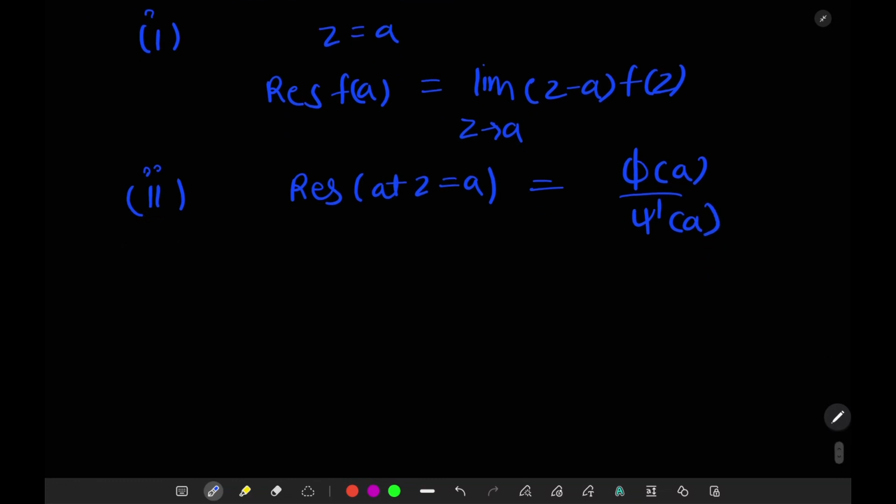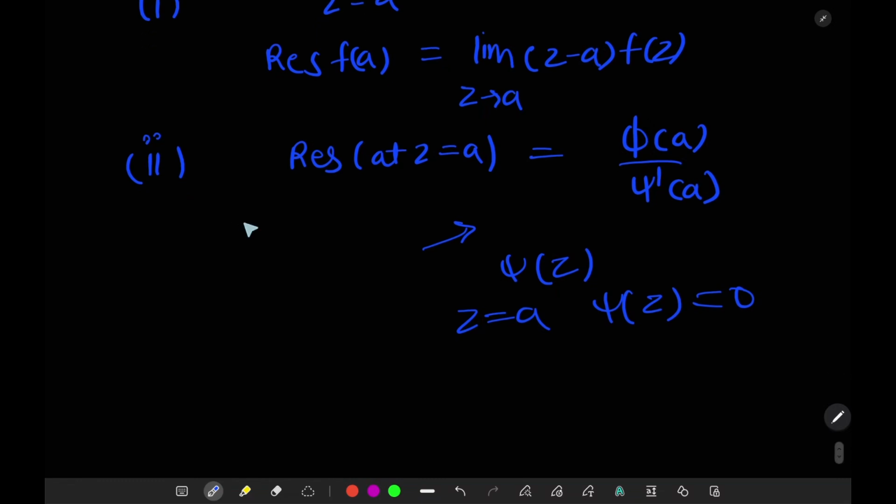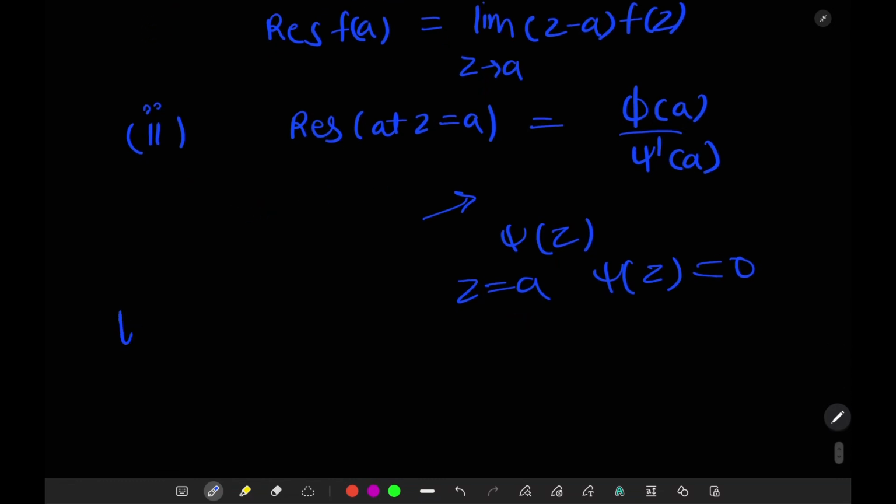Here, if we put z = a in the denominator psi(z), psi(z) becomes 0. This condition is used in this type of case.